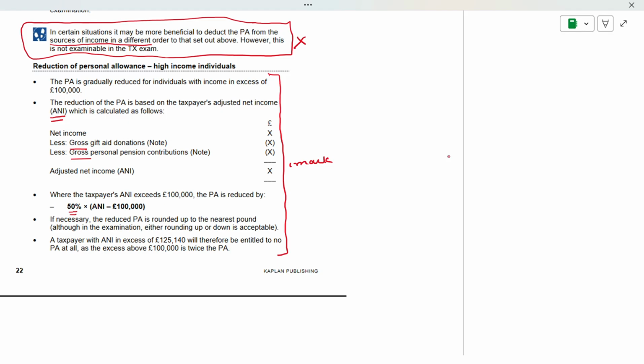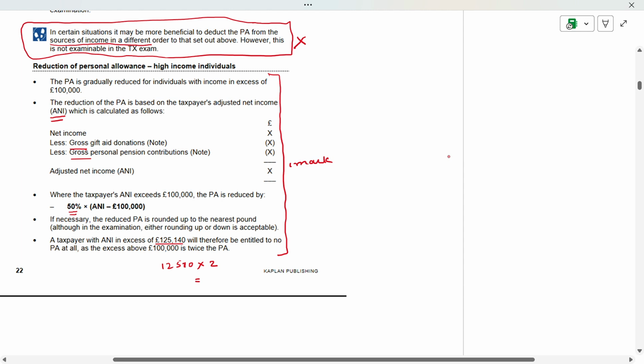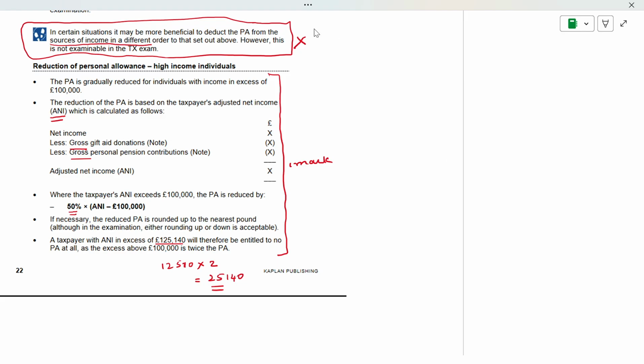A taxpayer with ANI in excess of 125,140: just see that, 12,570 times 2. How much do you get? 25,140, yes, correct. Yesterday I missed this; sometimes it will not trigger my mind.